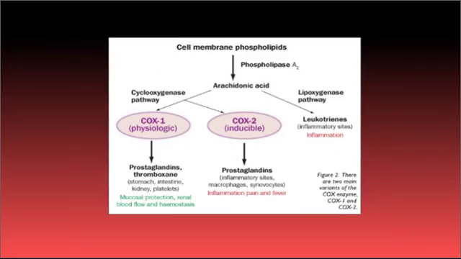And then here is another picture that goes into the actual release of different things like the COX-1 and COX-2 in response to injury. This is important because it tells you how these drugs work.